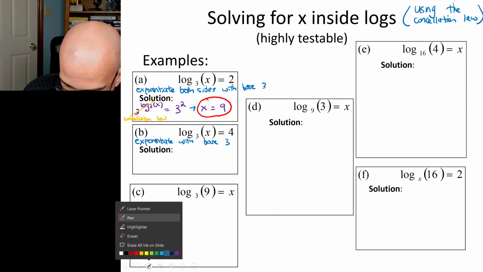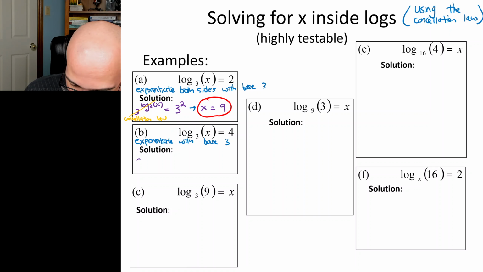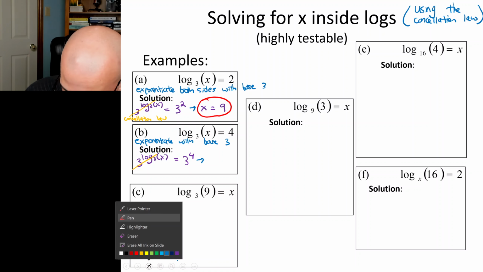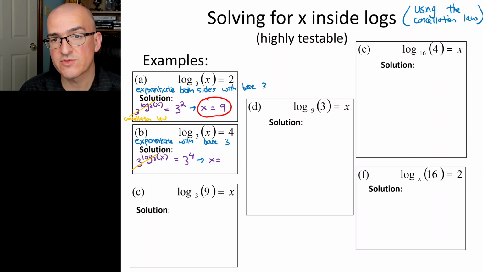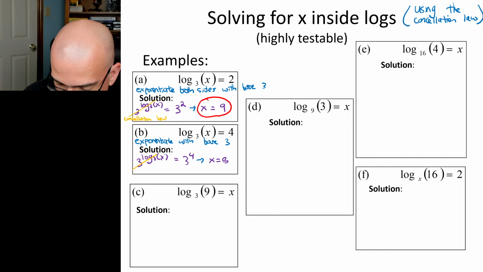So I have 3 to the power of the left side is equal to 3 to the power of the right side. 3 to the power of log base 3 of x is equal to 3 to the power of 4. And I can cancel 3 and log base 3. What do I get? I get x is equal to 3 to the power of 4. 3 multiplied by itself 4 times. 3 times 3, 9 times 3 again, 27 times 3, 81.